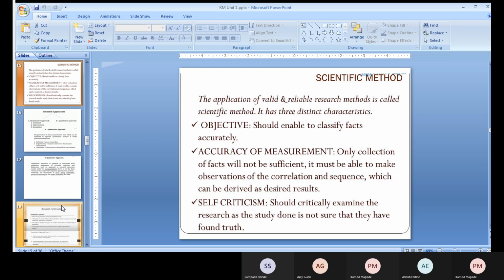Just write down the crux points. First, write down in scientific method: study of literature. Literature means research papers.